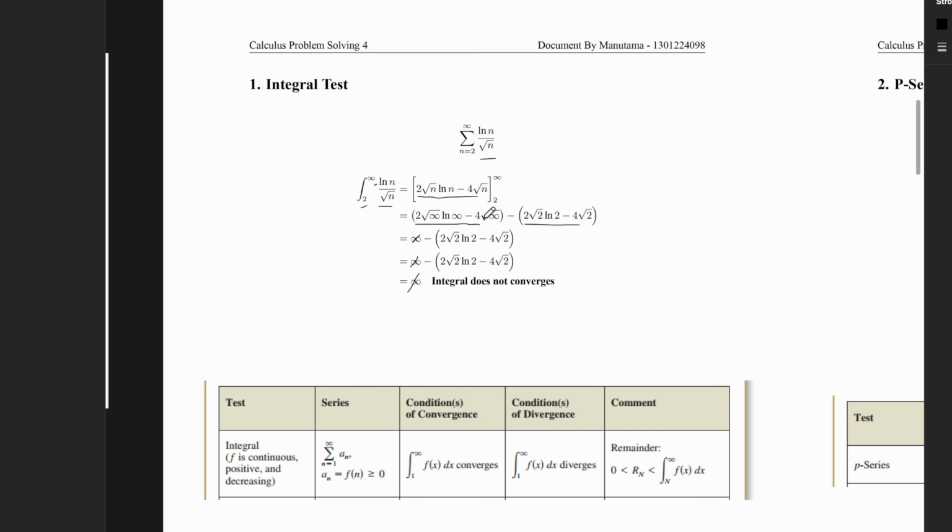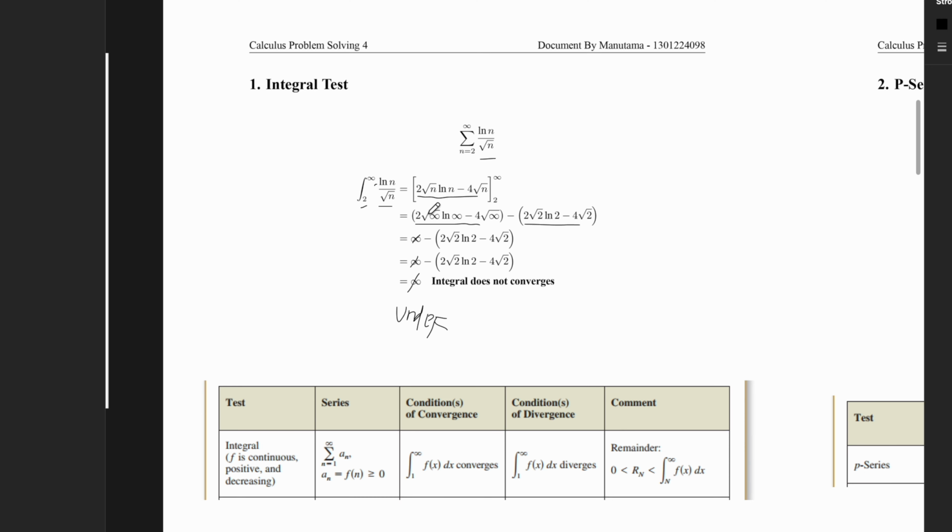I tried to input this on a calculator. It says undefined, maybe because square root of infinity is infinity, ln infinity is infinity, so it is 2 times infinity minus 4 times infinity.